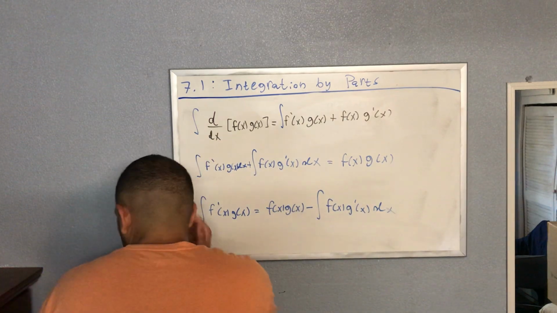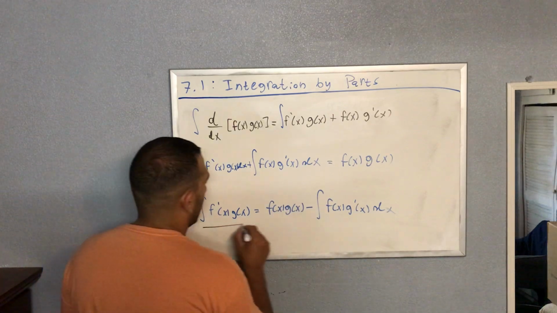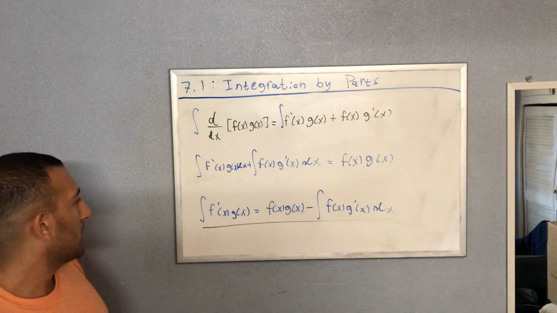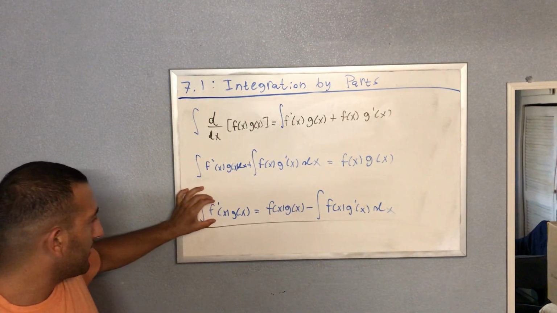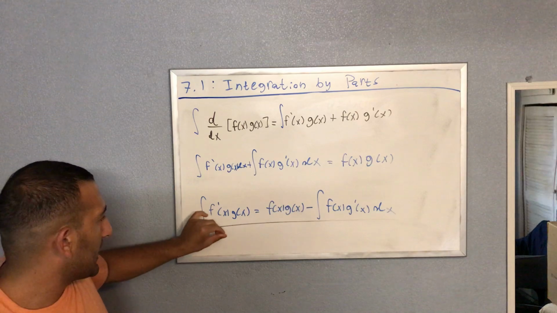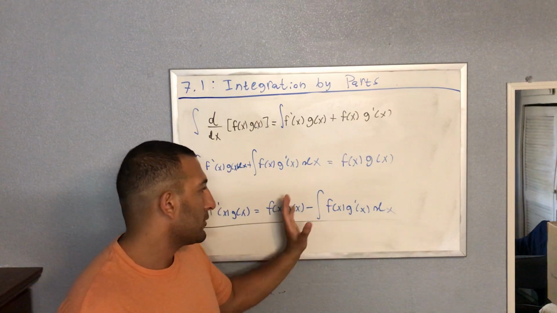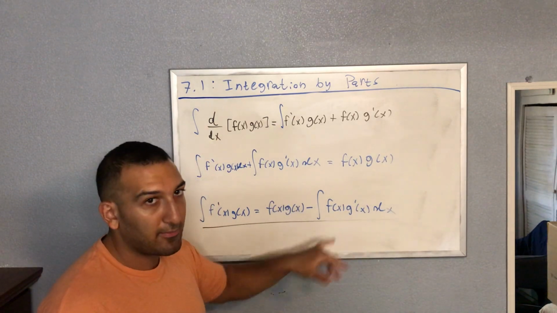And this is the formula that's going to help us define the technique of integration by parts. So notice that first you start out with f prime, and then g is alone. But on the other side, you toss the derivative onto g, and you just recover f.